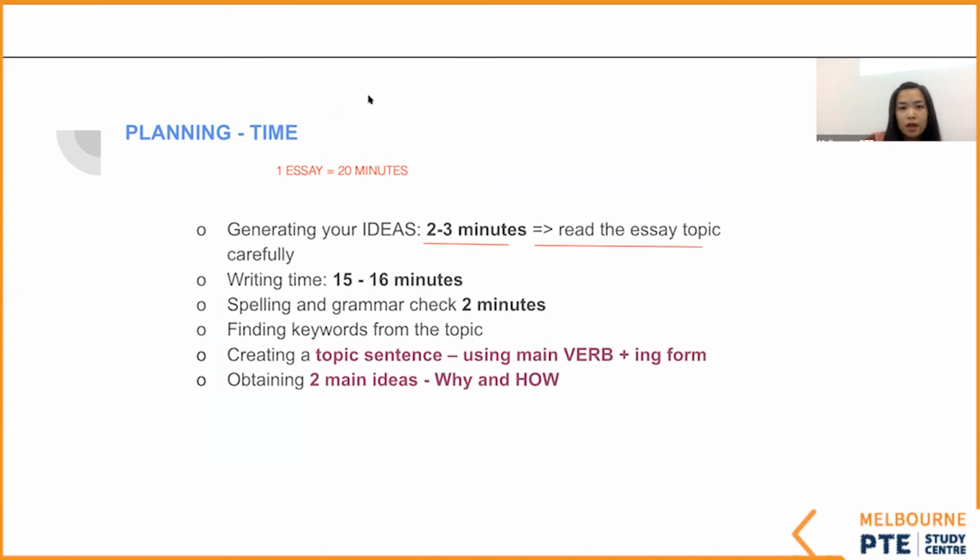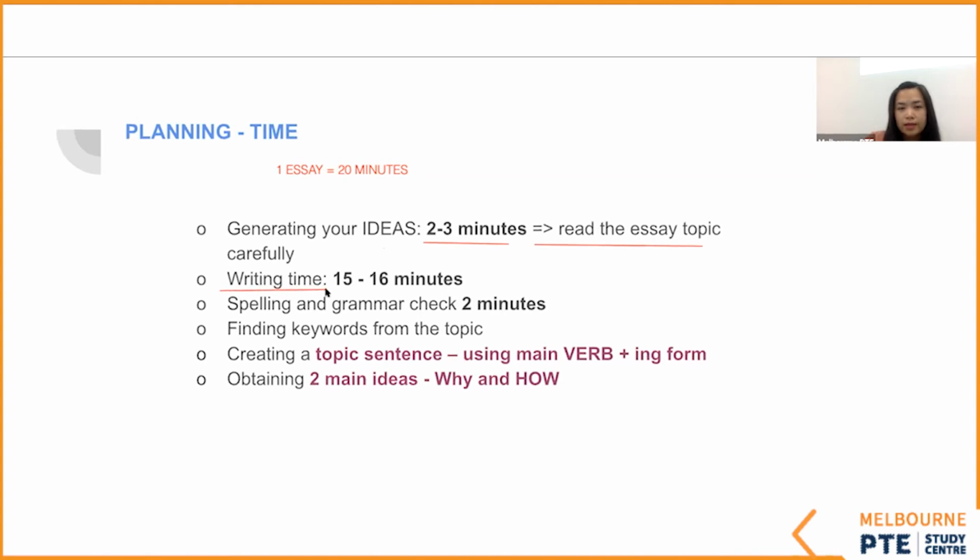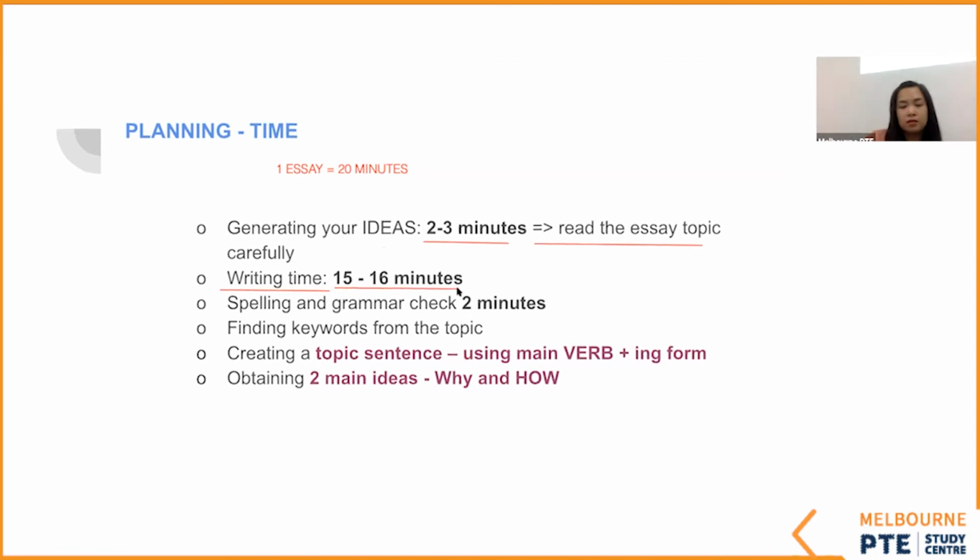After you have finished reading the essay topic, right, you need to write your essay. So this is the writing time. Maximum 15 to 16 minutes. Some students say, okay, I am a slow typer.